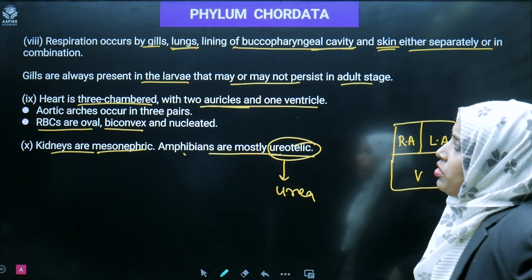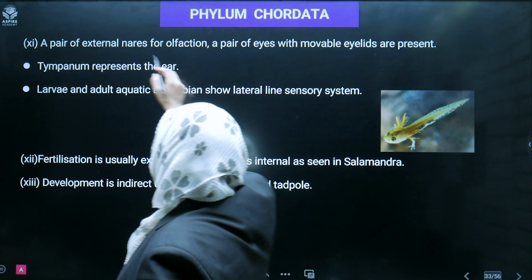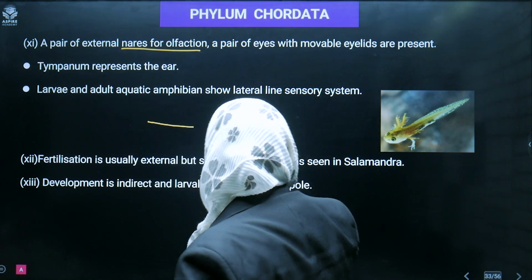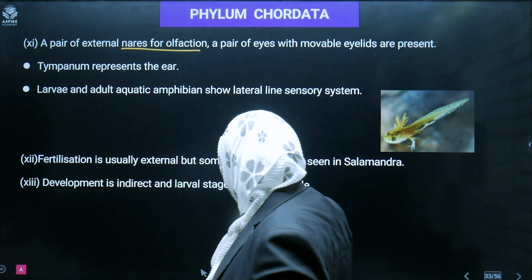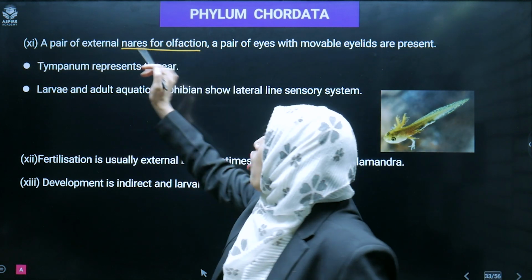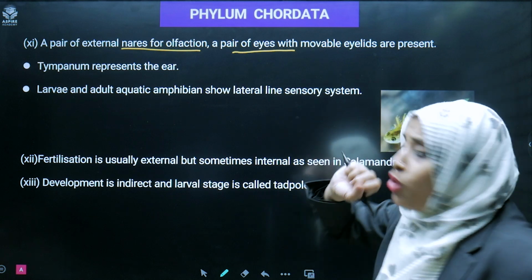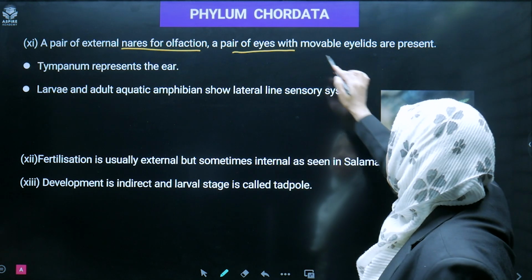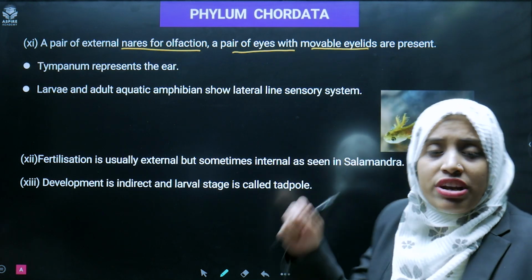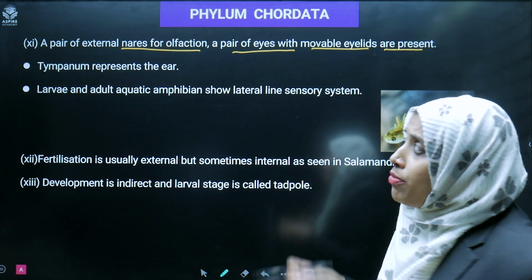Now, a pair of external nares for olfaction. ठीक है. External nares are present, means like we are having nostrils, so they have nares for olfaction, that means for smell. Okay, pair of eyes are there with movable eyelids. Eyelids are movable, which is very clearly seen in frogs. ठीक है, so eyelid है, movable है.